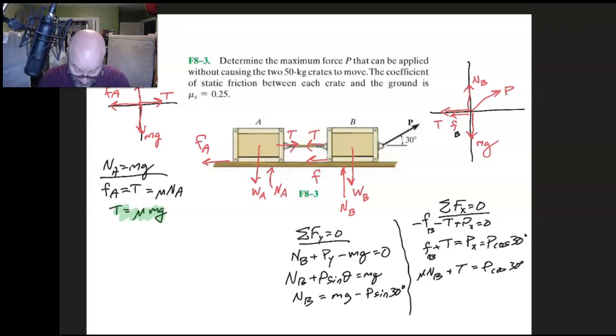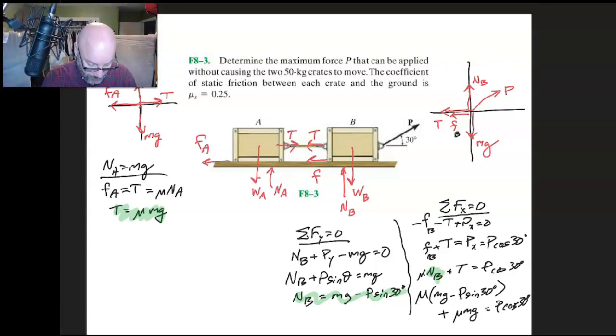And then if we plug in this information here for NB, then it turns out we're going to have mu times mg minus P sine 30 degrees plus T, and we found T is mu mg, is equal to P cosine 30 degrees. Just like that.